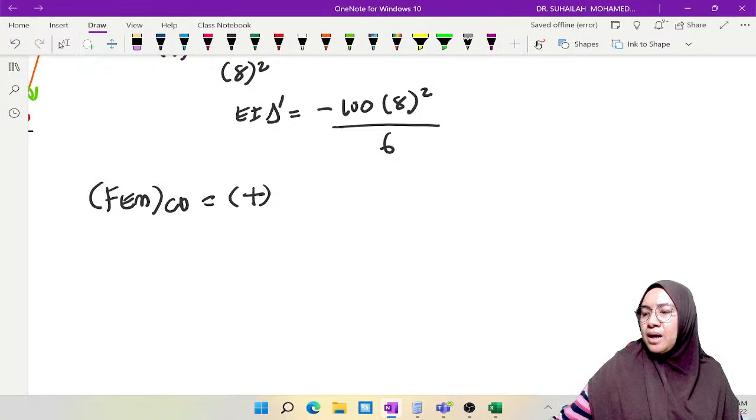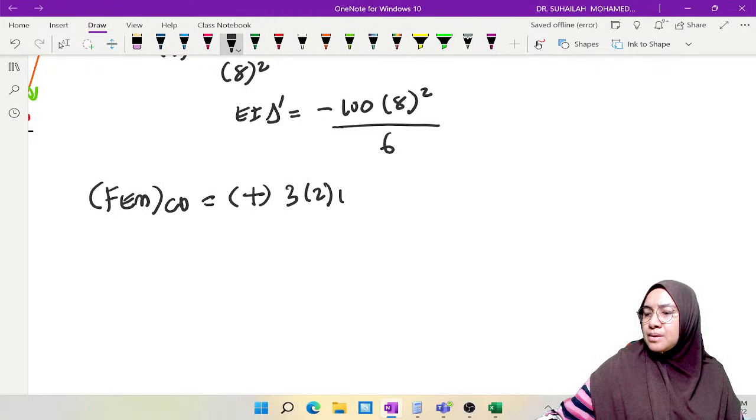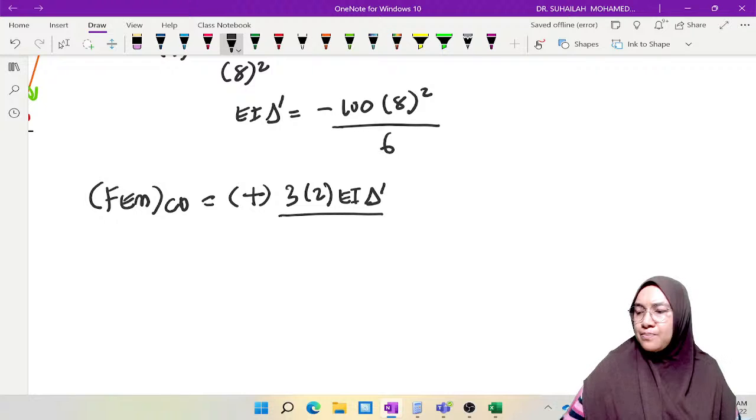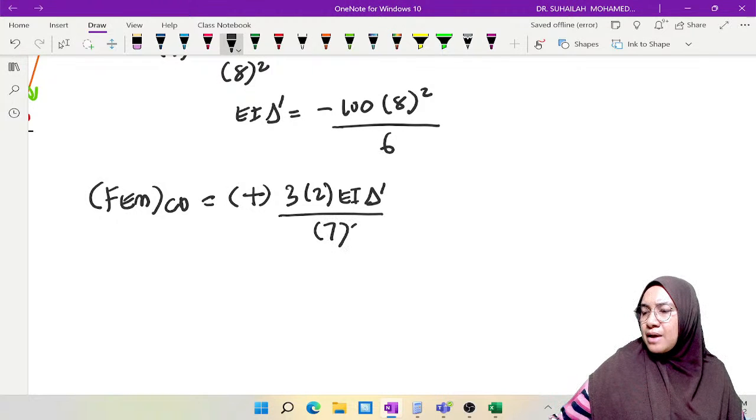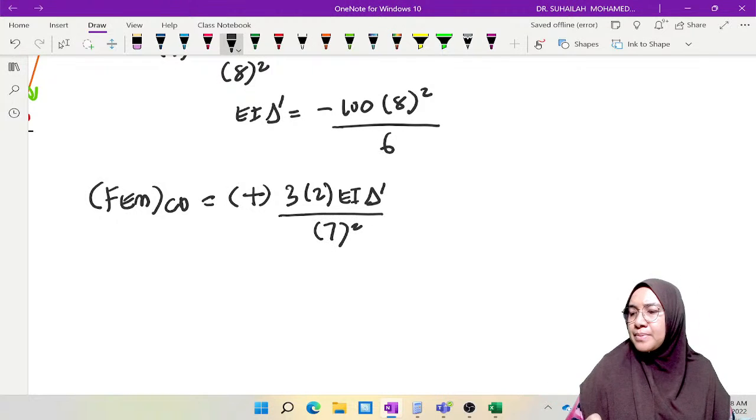For member CD, it is 2EI. So 3 times 2 EI delta prime over length, which is 7, so 7 square. This is the formula.